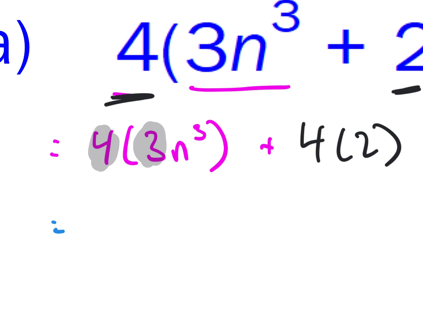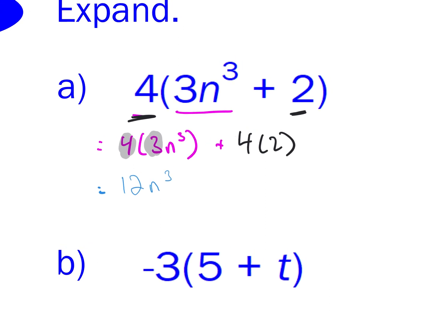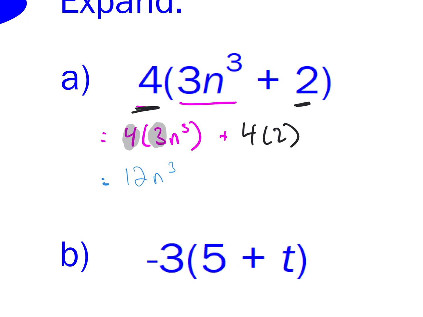Very good. 12n cubed. That's it. So nothing happens to the exponent, just stays the same. And 4 times 2 is 8. So the answer is 12n cubed plus 8. That's it.